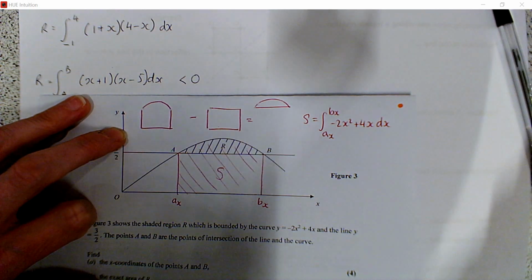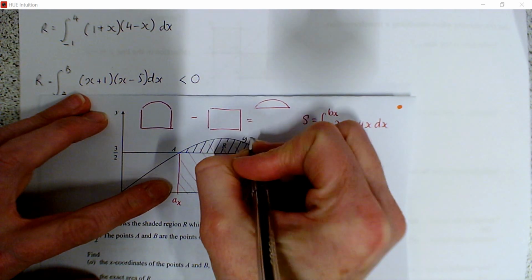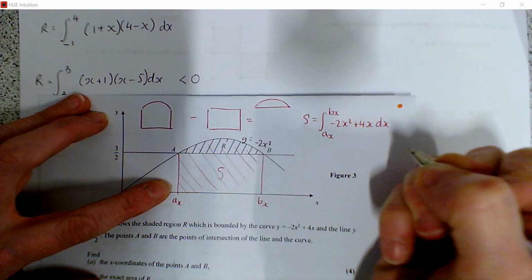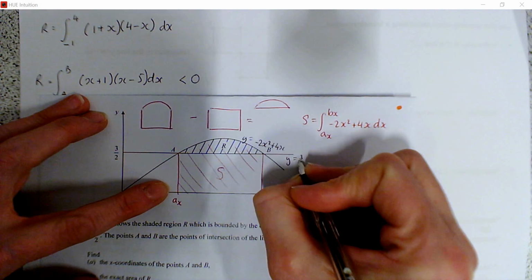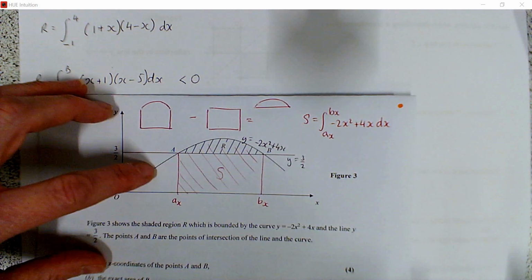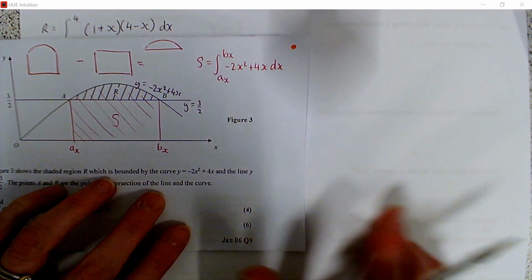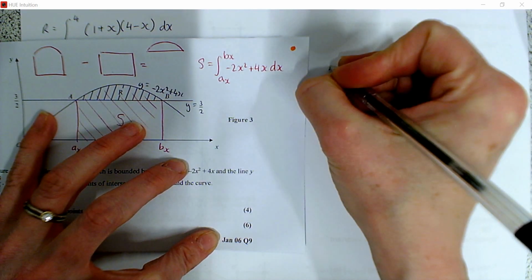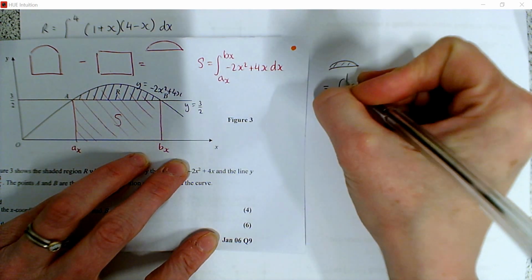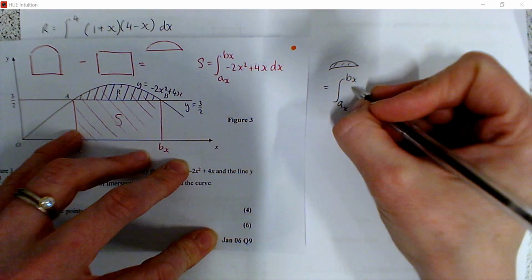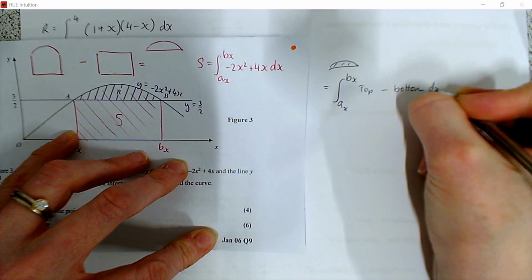The other approach to that is to do it all in one go. So we've got, this is y is minus 2x squared plus 4x, and the lower curve is y equals 3 over 2. Right, so if I want to do it in one go, then what I could do is say that floating shape is going to equal the integral from ax to bx of the top one minus the bottom one with respect to x.